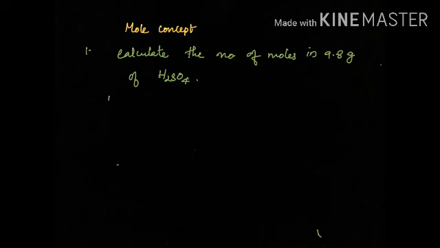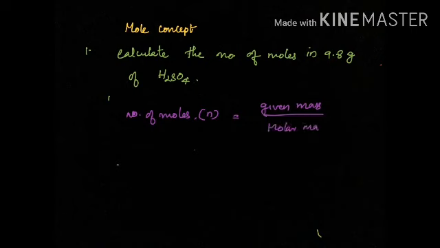Our question is to find out the number of moles, right? Number of moles we are representing using the small letter n. n is equal to given mass by molar mass. What is the given mass? Means how much H2SO4 is there with us? It has 9.8 gram, right? 9.8 gram divided by the molar mass of H2SO4, which we need to calculate.